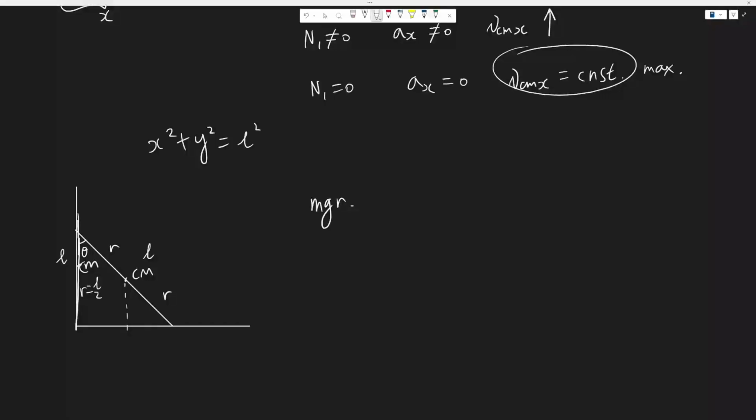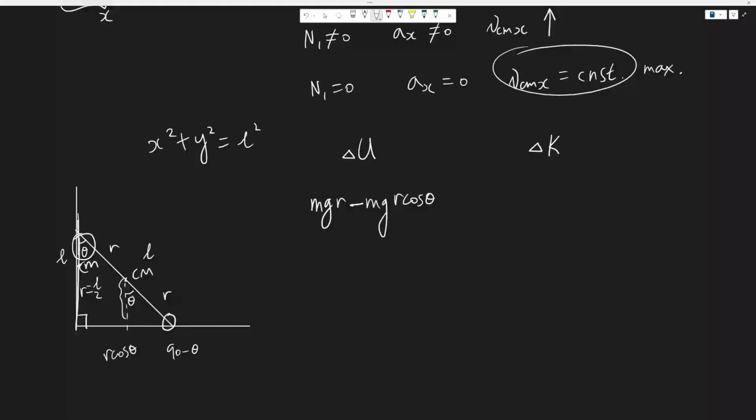And so if this angle is theta, this is 90 degrees. And so this is 90 degrees, then this angle would be 90 minus theta. And so this is theta. And so we know that this height here is R cosine theta. And so in this case, the potential energy is mgR cosine theta. And so this is the change in potential energy, and it equals the change in kinetic energy.